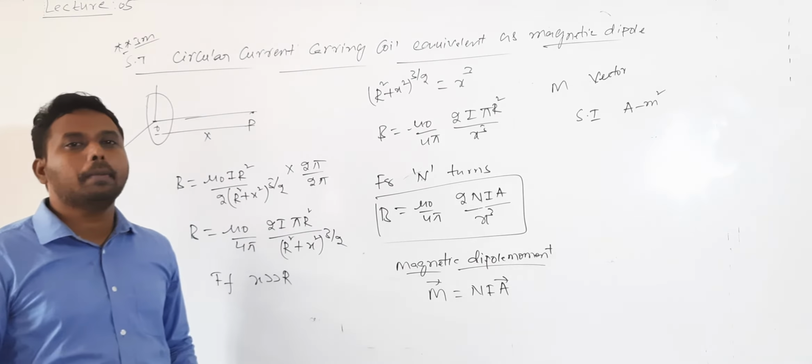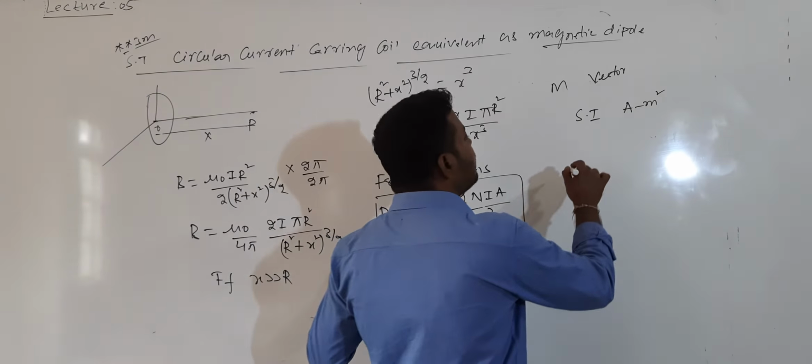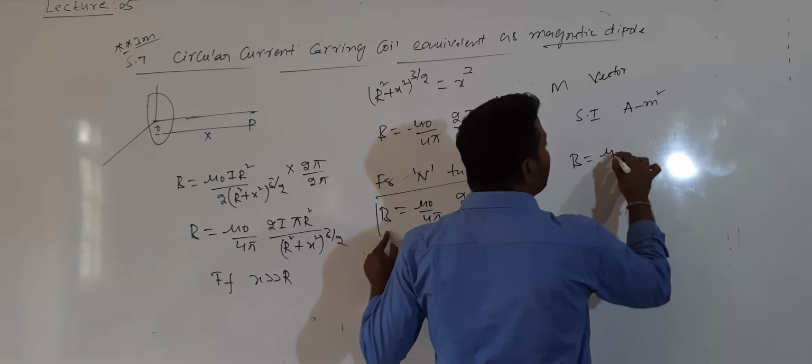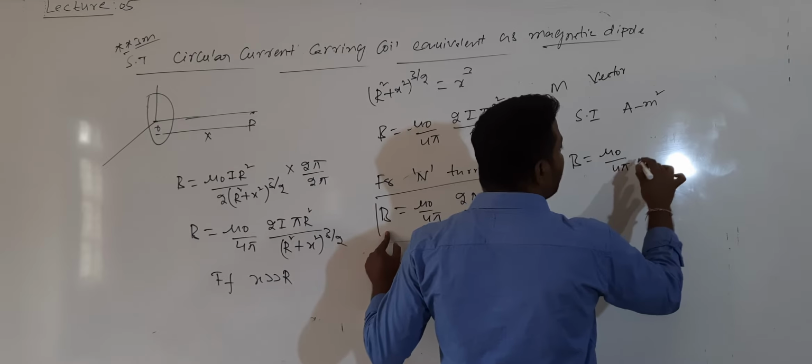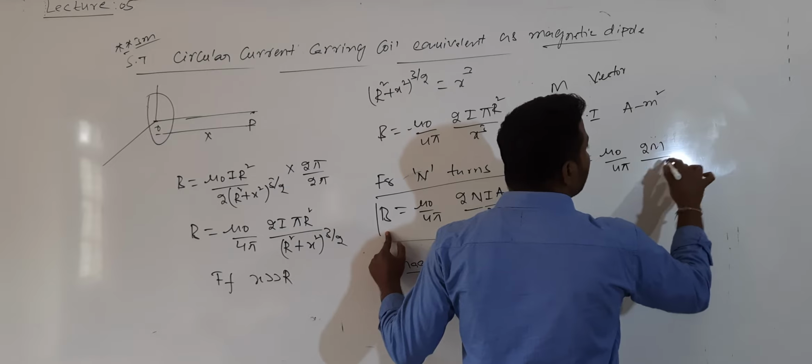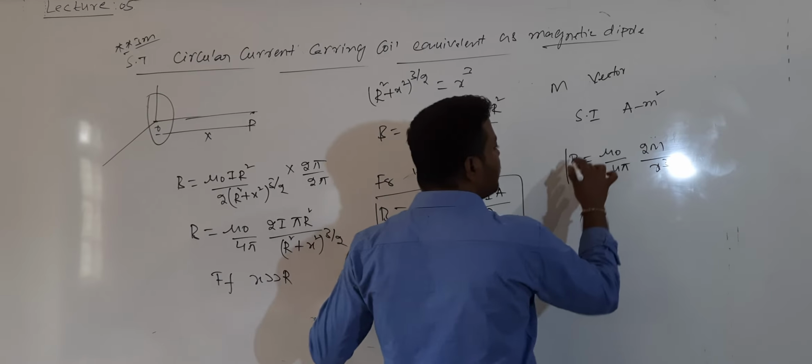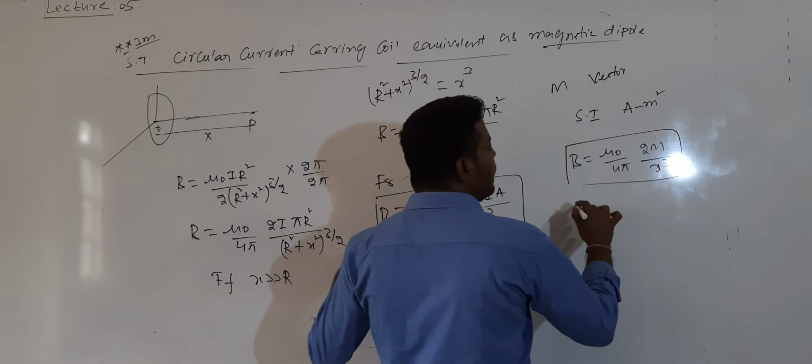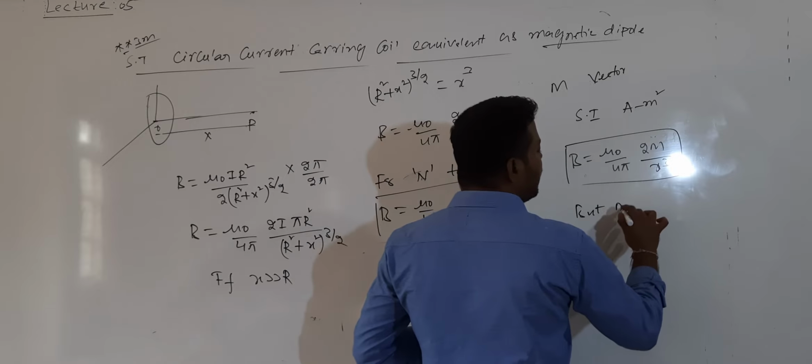Now this is for magnetic moment. If I substitute the value of M, then the B value will become mu naught by 4 pi into 2 into capital M divided by x. But this is the expression for magnetic field.